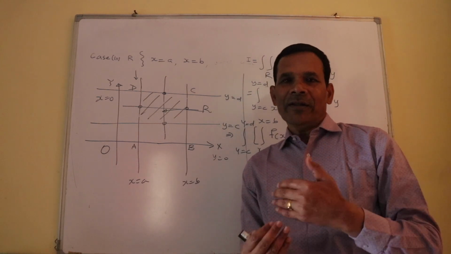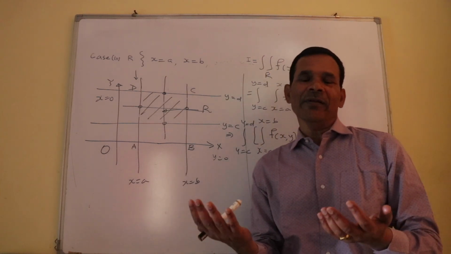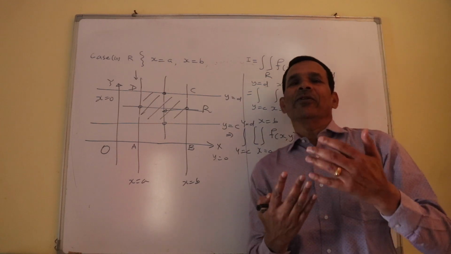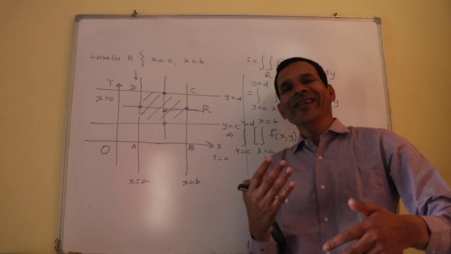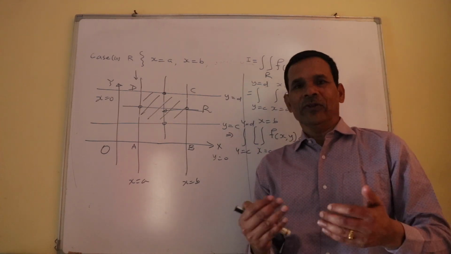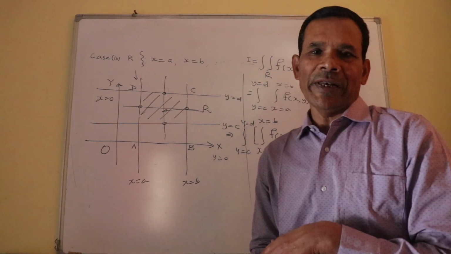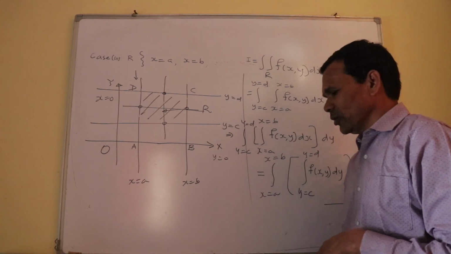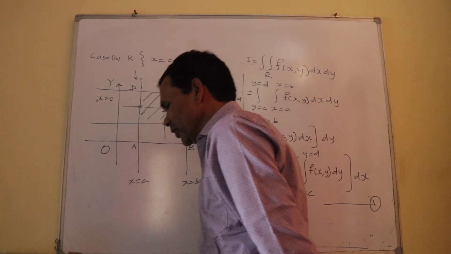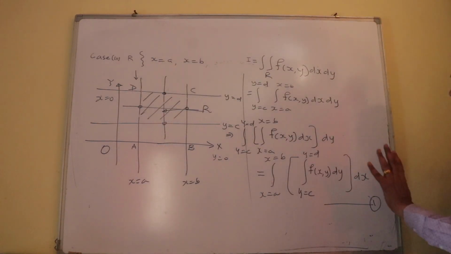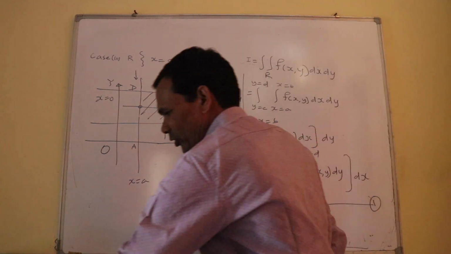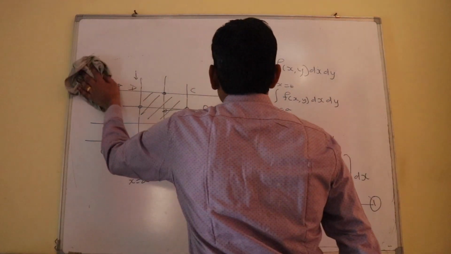So in general, we have to integrate the given double integration with respect to the variable whose limits are variable, and then with respect to the variable whose limits are constant. This is the procedure we follow to evaluate the double integration.